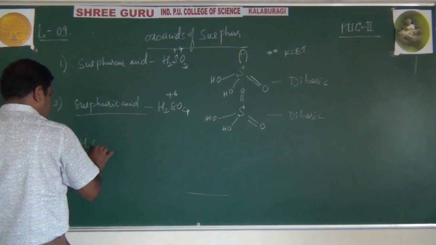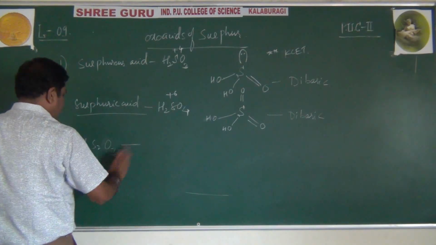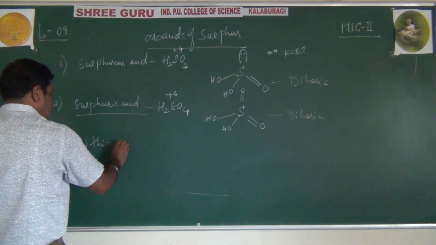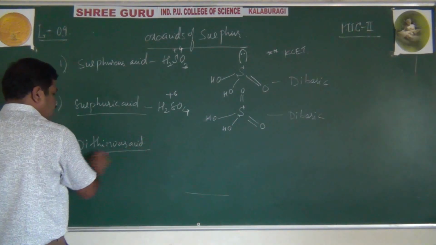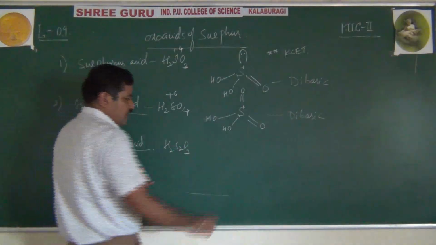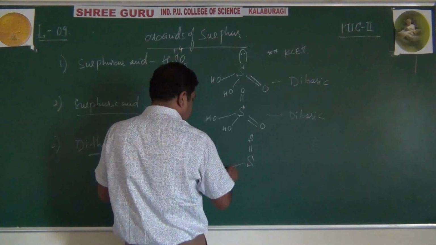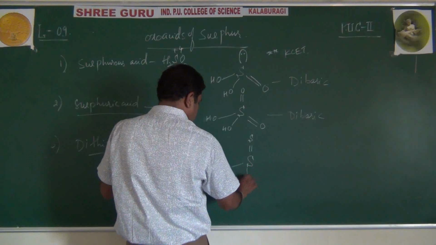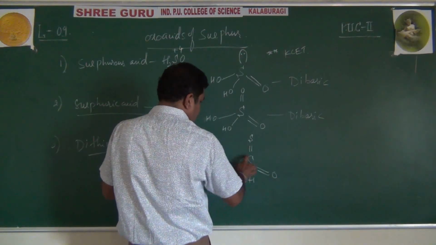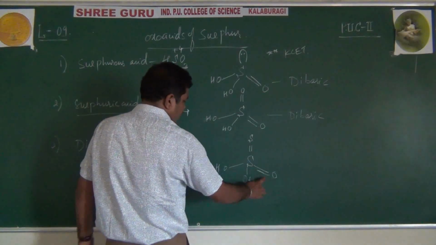After sulfuric acid, we can write dithionous acid, H2S2O4. See here, yes, a double bond, OH, and a double bond. 1, 2, 3, 4, 5, 6.